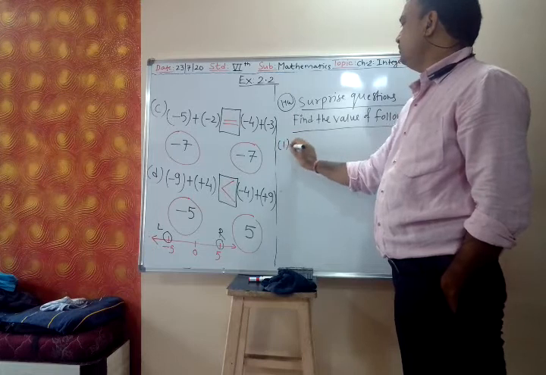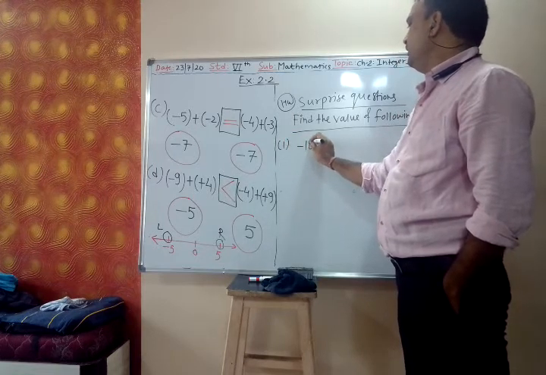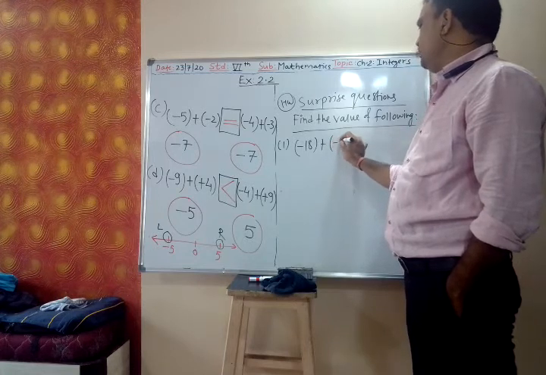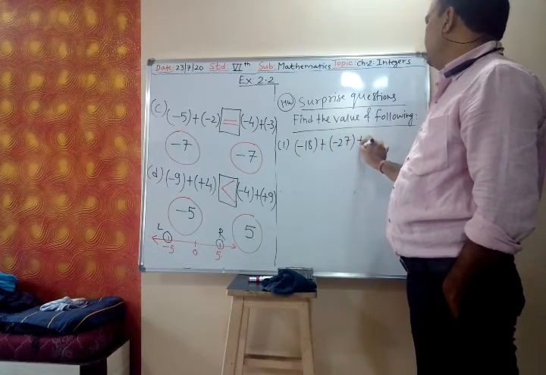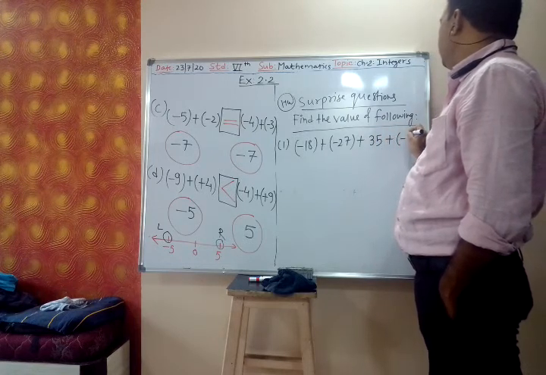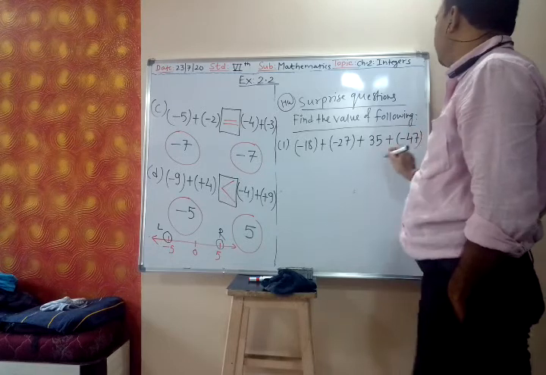Now first, minus 18 plus minus 27 plus 35 plus minus 40 minus 47. You have to solve this.